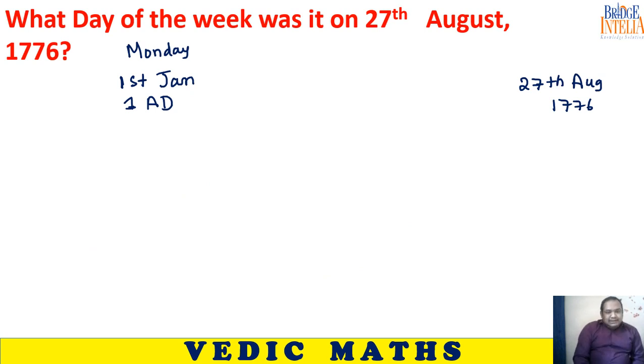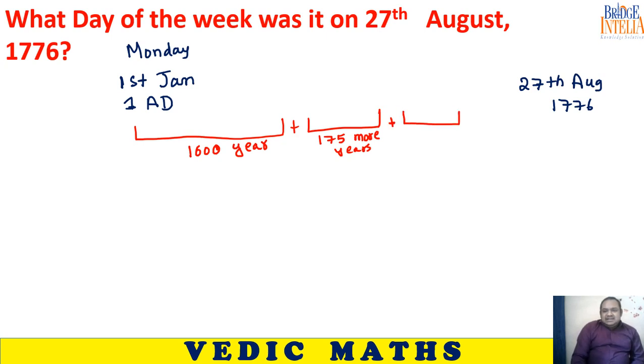If you see properly, this can be broken into 1600 years plus 175 more years plus the year 1776, partially, because that year is still going on.